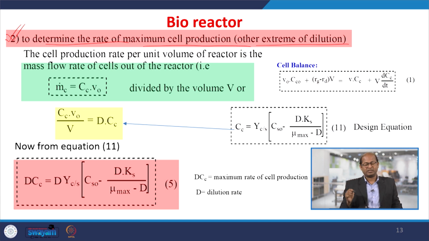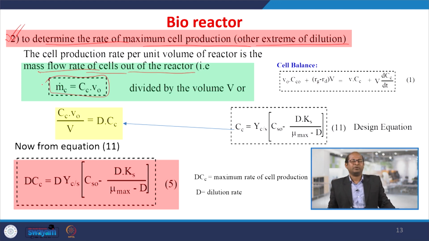So, the cell production rate per unit volume of the reactor, that is the mass flow rate of the cells out of the reactor, we can usually express in terms of m dot c, that is the mass rate of the cell, that is the concentration Cc times V naught. V naught is the volumetric flow rate. So, what is the unit of Cc?